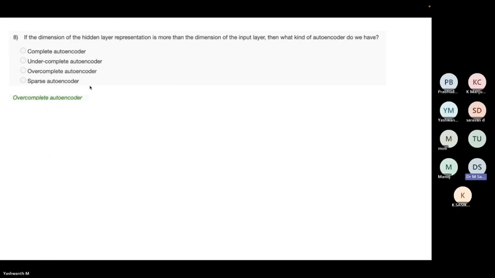What about complete, sir? Probably that's the same size, I guess, input and hidden layer.